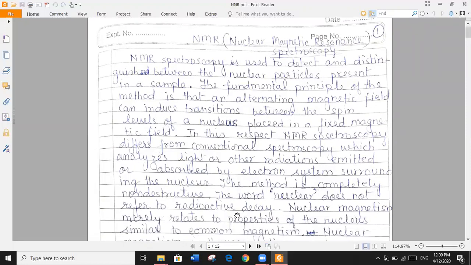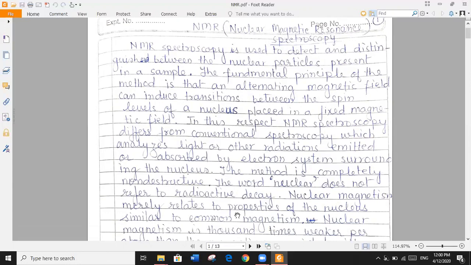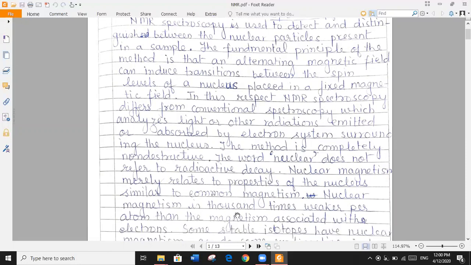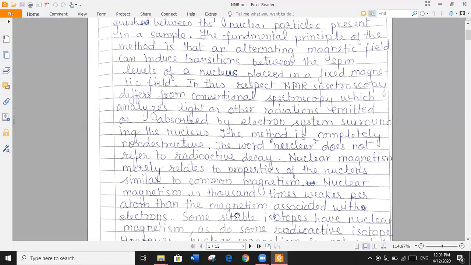The word nuclear does not refer to radioactive decay. Nuclear magnetism merely relates to properties of the nucleus similar to common magnetism. Nuclear magnetism is 1,000 times weaker per atom than the magnetism associated with electrons.